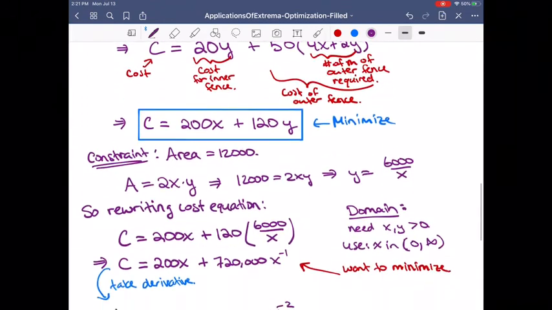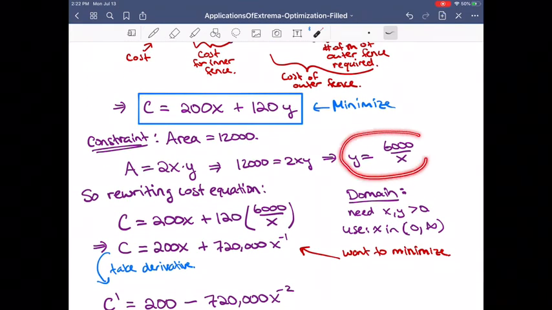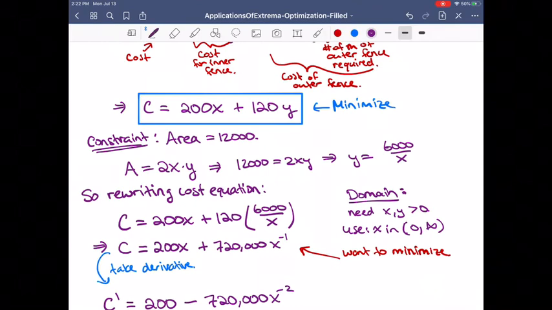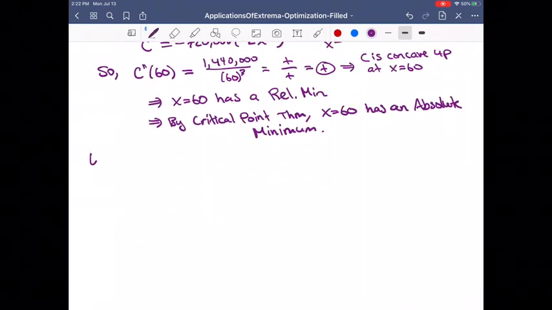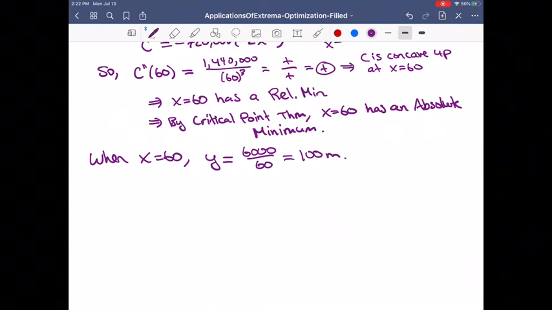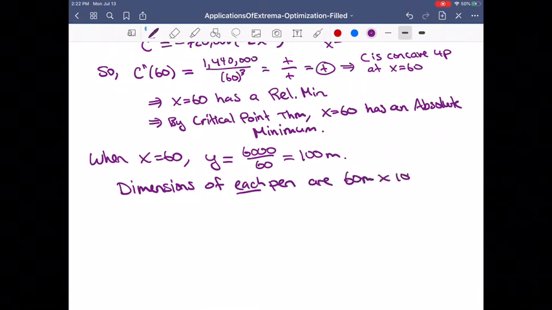So I know x, I need to find my y value. Now, I have used the constraint to solve for y, so it's going to be easiest if I use that again. So when x equals 60, y is 6,000 over 60, so y is going to be 100 meters. So the dimensions of each pen are 60 meters by 100 meters.